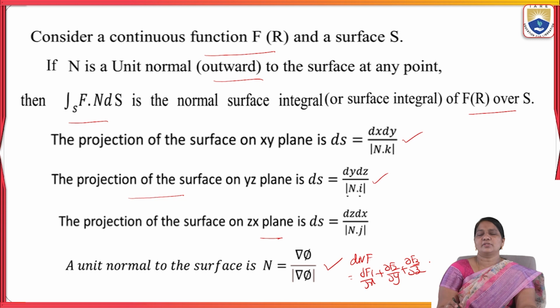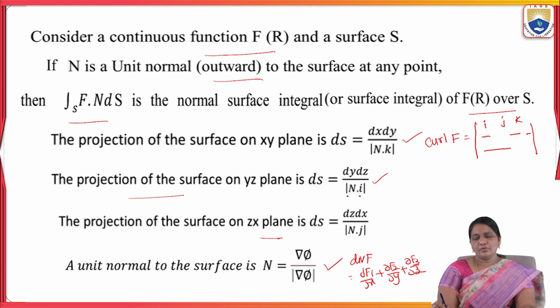And curl f is the determinant with rows i, j, k, the partial derivatives with respect to x, y, z, and the components of the function. We calculate this determinant to get the curl f value.